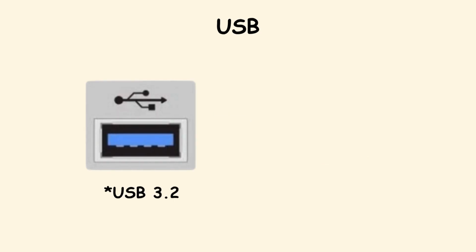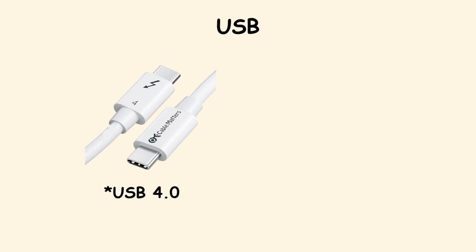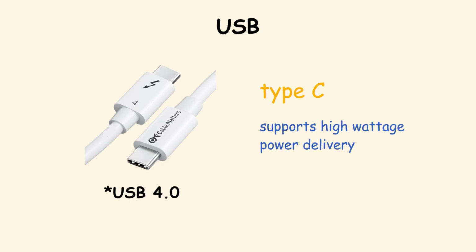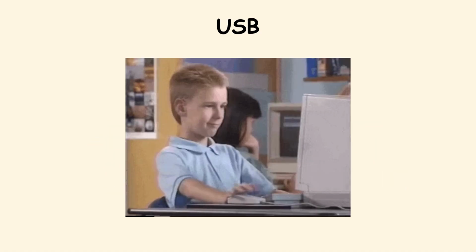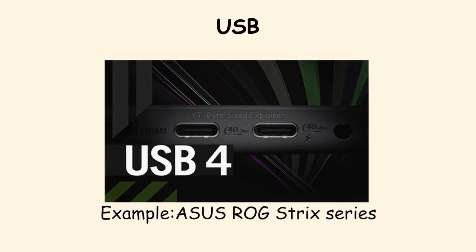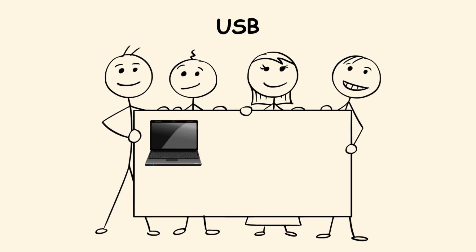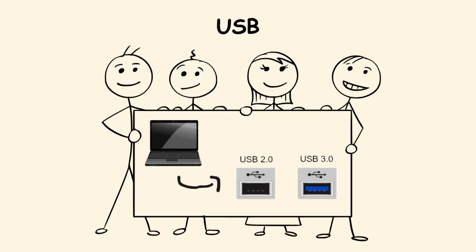After that, USB 3.2 pushed things further, reaching up to 20 gigabits per second, and finally, the latest generation is USB 4. It uses the Type-C connector, supports high wattage power delivery, and can hit transfer speeds of up to 40 gigabits per second. Pretty impressive, but right now, you'll mostly find USB 4 on high-end devices. Most laptops and desktops today are still running USB 2.0 or 3.0.